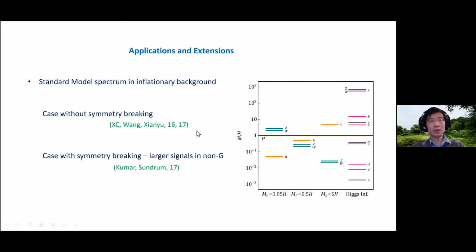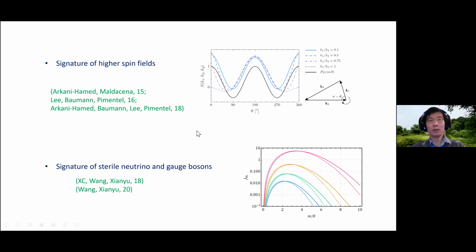For example, the Standard Model spectrum in the inflation background has been studied in various cases with different symmetry breaking patterns, and it has been extended to beyond the Standard Model physics, including many studies of higher spin fields and of various beyond Standard Model particles such as sterile neutrinos and gauge bosons arising in particle physics.